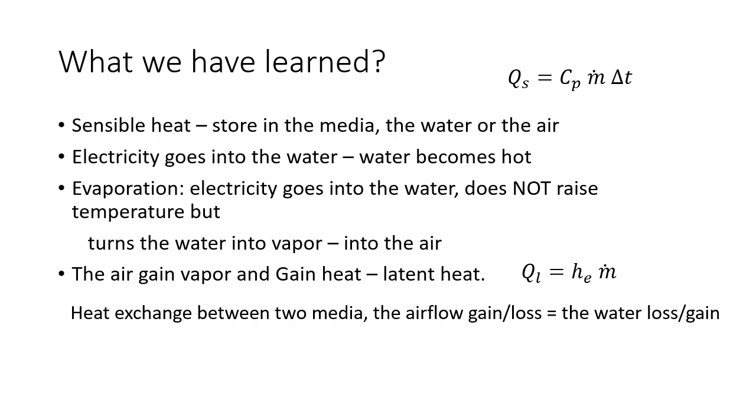This is how much mass is lost per second. Later on we will see another formula where the mass flow rate is for air, not water. Be careful: this mass dot is the evaporation rate, how many kilograms of water turn into vapor per second.